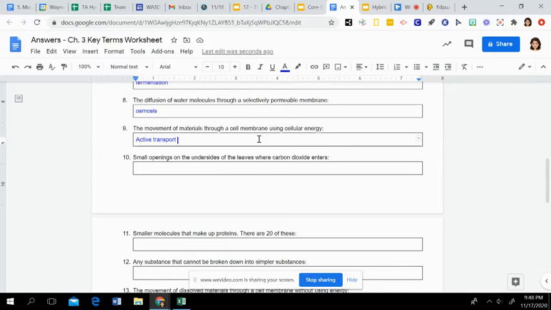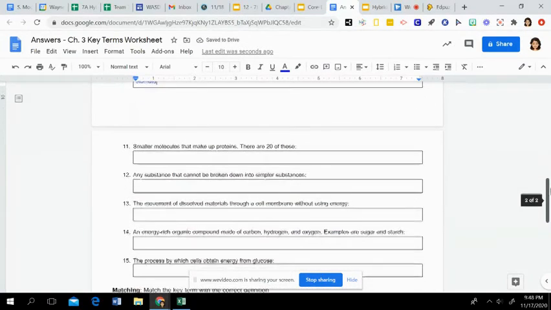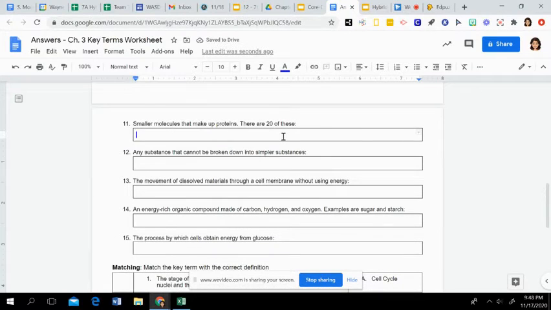Question 10, the small openings on the undersides of the leaves where carbon dioxide enters are called stomata. Question 11, smaller molecules that make up protein, and there are 20 of these common molecules. These are amino acids.